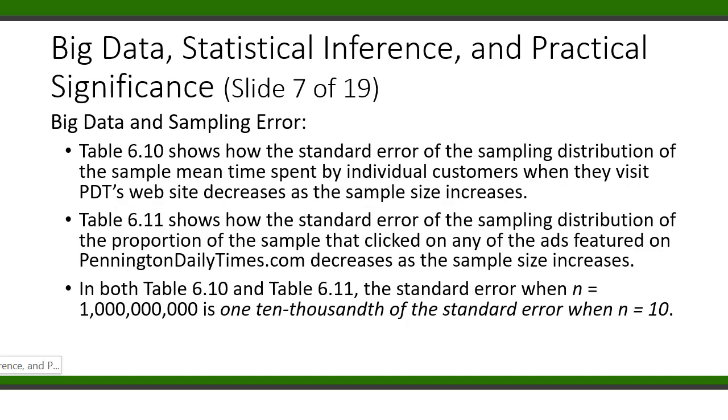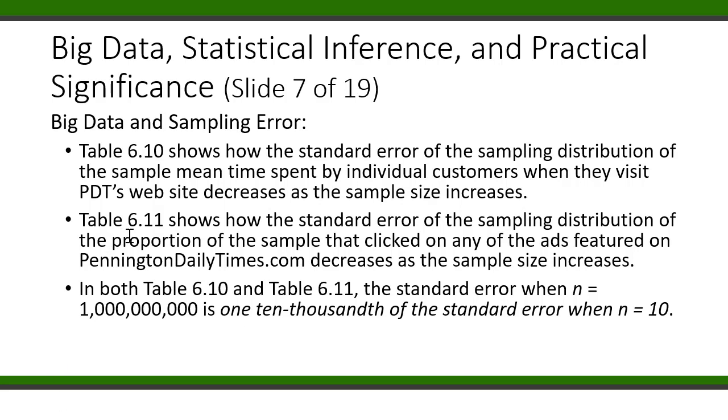So looking at some calculations that are in your book, we see that in table 6.10, and I'll show that shortly, shows how the standard error of a sampling distribution of the sample mean time spent by individual customers when they visit this PDT website, that sampling error decreases as the sample size increases.